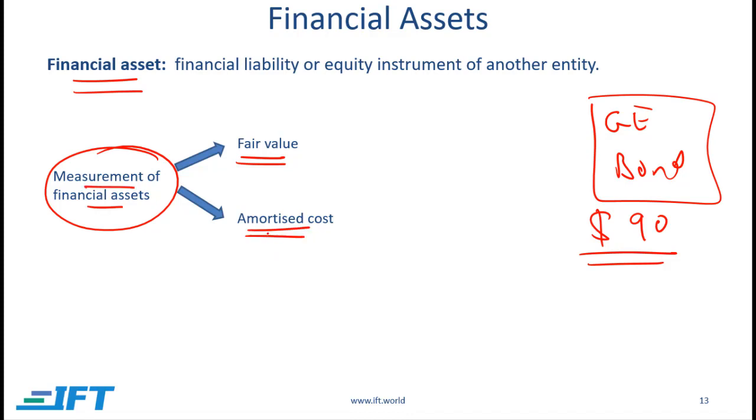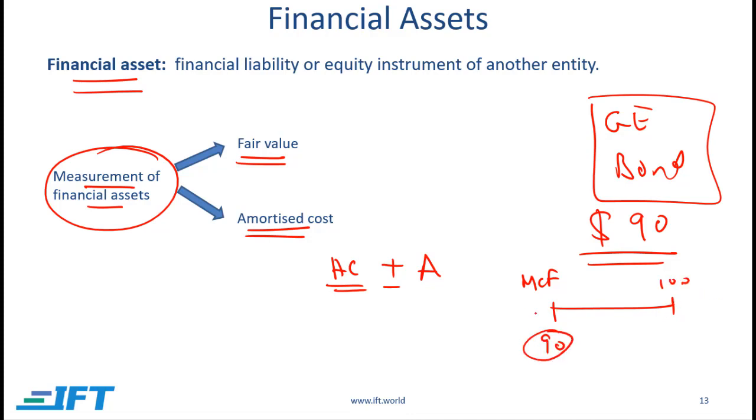The amortized cost of a financial asset is the historical cost or the original cost plus or minus any amortization. The concept of amortizing a bond will be discussed later in the reading on long-term liabilities, but I'll give you a very simple idea right now. Let's say that Microsoft buys a 5-year bond and the 5-year bond has a par value of 100.